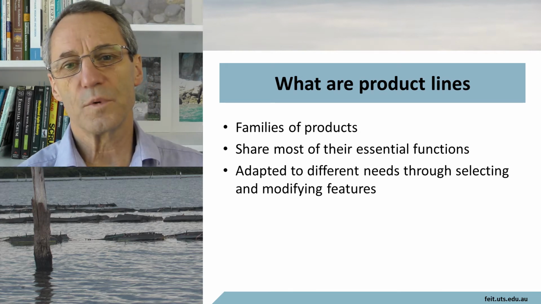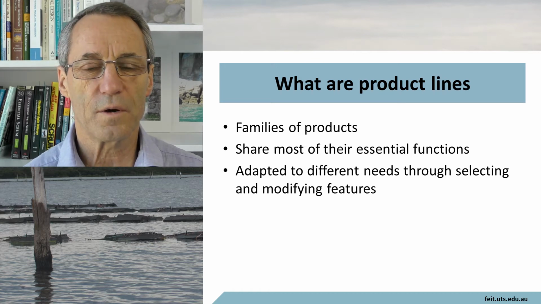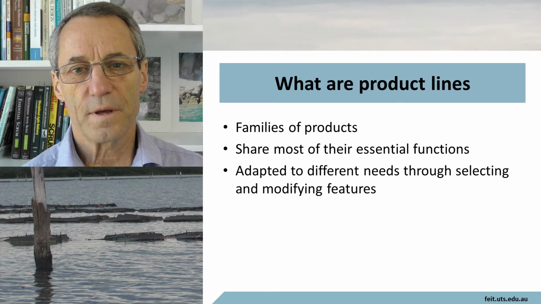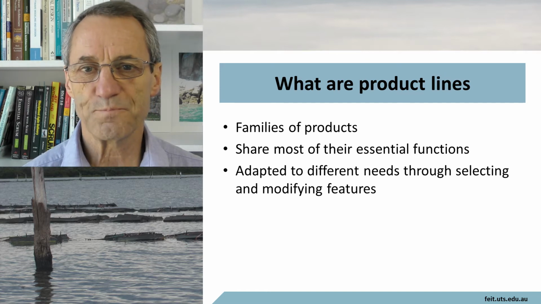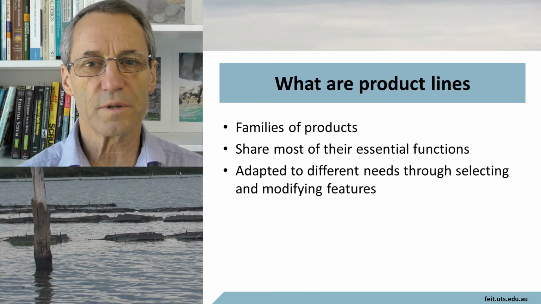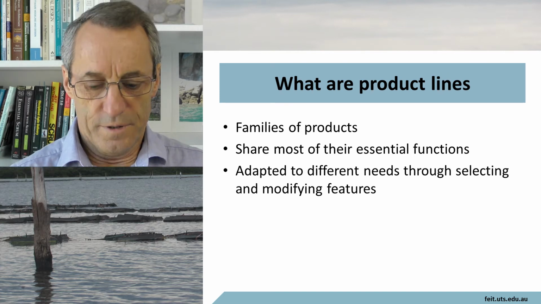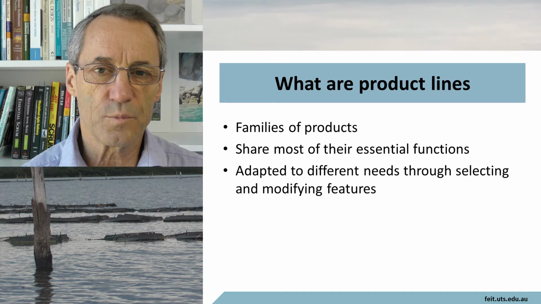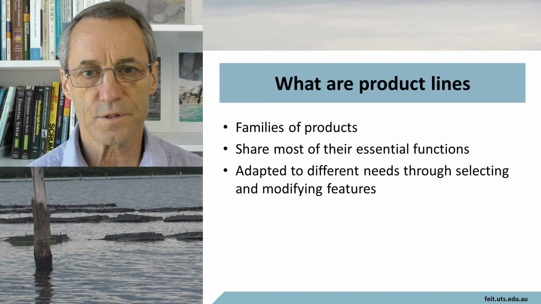They are intended to be movable up and down to different heights. They can take some sort of covering over the front of them. They're recognizably, well, this is a studio light. However, in product lines, the use of them is adapted through selecting and modifying features in the things.